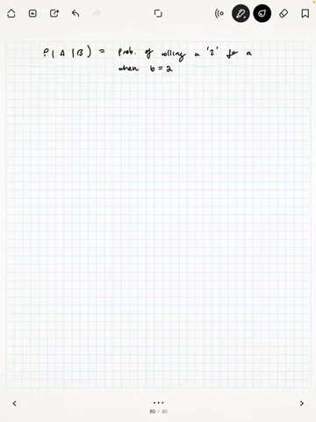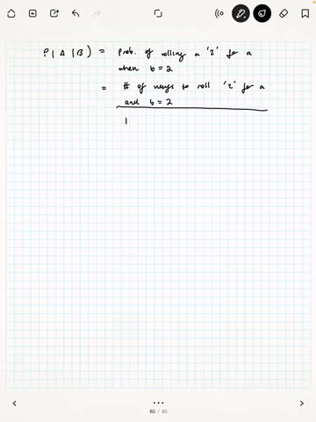So we know the second roll is 2. So in other words, we're looking at the number of ways to roll 2 for A and B equals 2, divided by the number of possible rolls getting B equals 2.